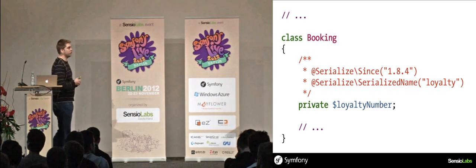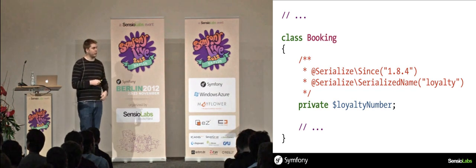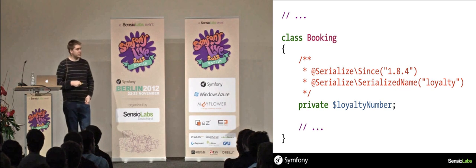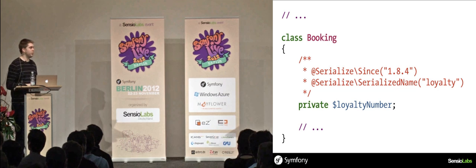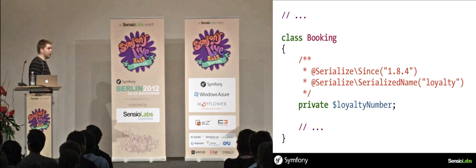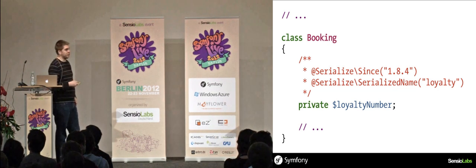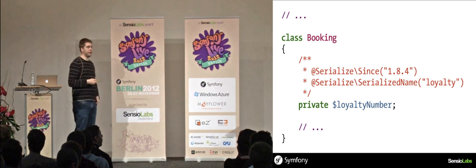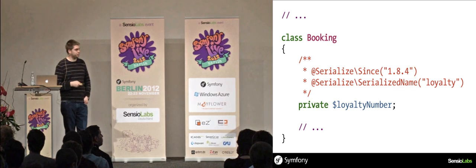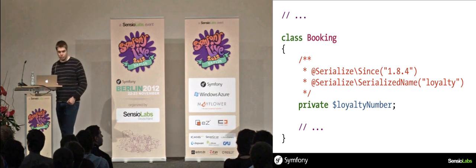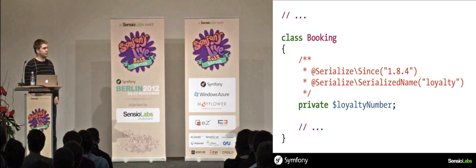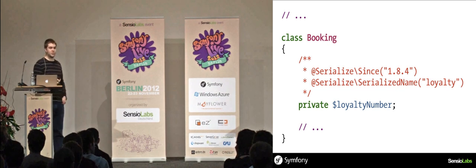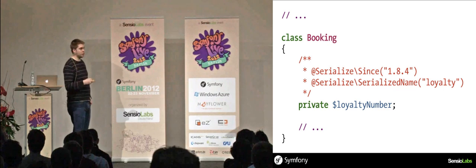So imagine in my booking class, I'm setting the loyalty number of the user who made this booking, and since version 1.8.4 of my application, we have this loyalty number property, and I also want to serialize this property with this name. So instead of having a loyalty number tag, I want to have a loyalty tag.